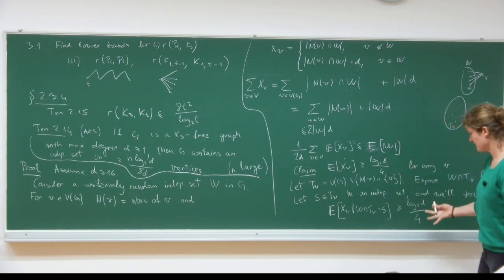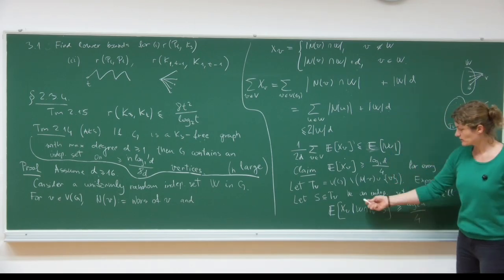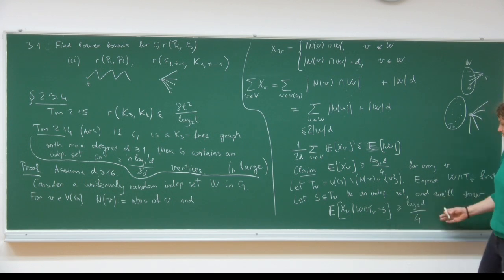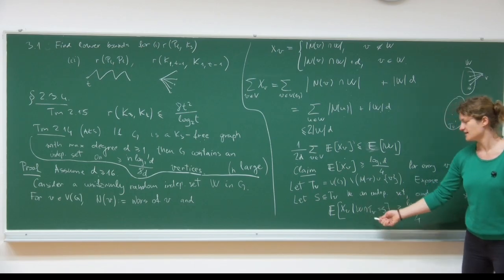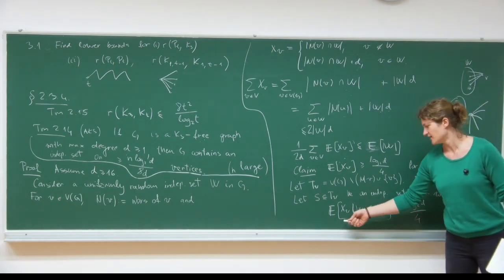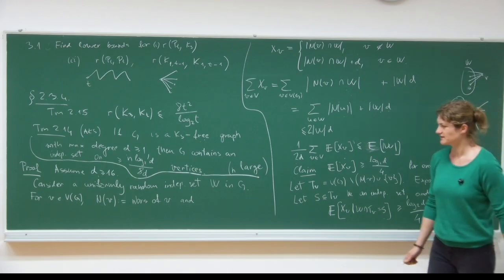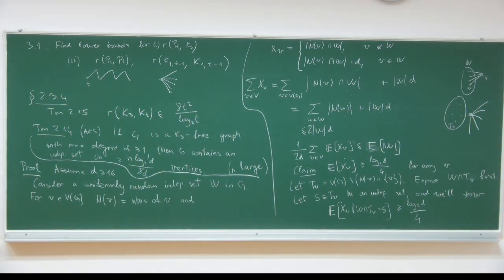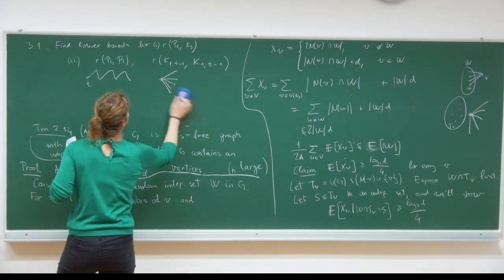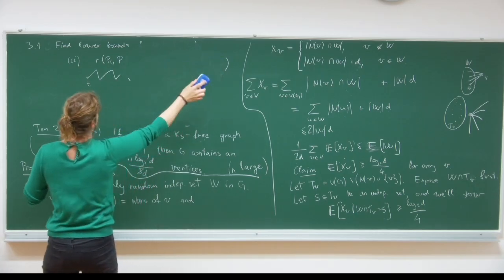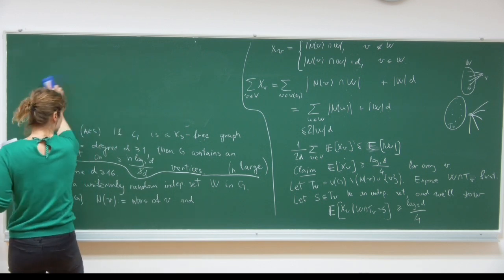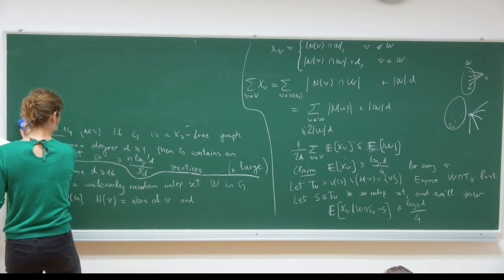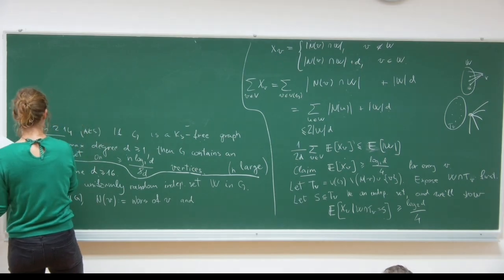Formally, the way you get rid of this conditioning is you sum over all the possibilities for this S times the probability that this equals precisely S, and you get a lower bound on the expected value of xv. Okay, this I hope you copied if you're doing the problems.